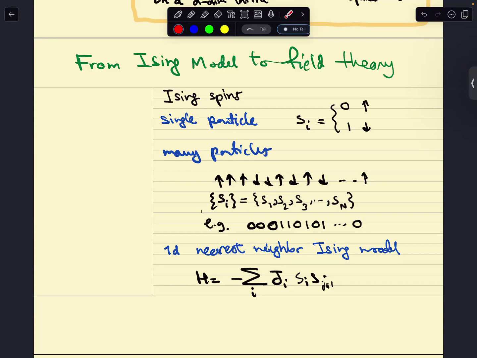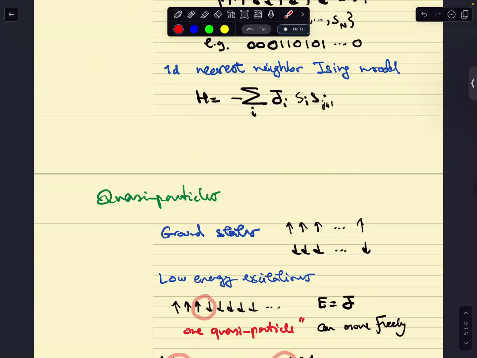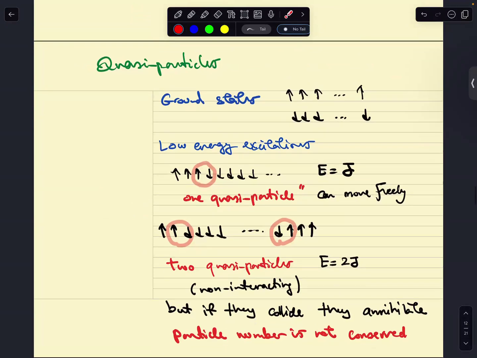And I'm describing in an example that these field theories that emerge might have particles in them, but these particles might not be the original particles that you started with. That's the principle I'm trying to establish. For example, this property that these can annihilate is going to be important in quantum field theory quite a lot: the fact that the particle number is not conserved.